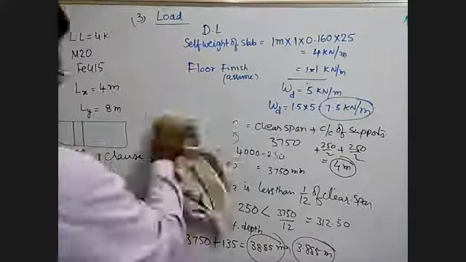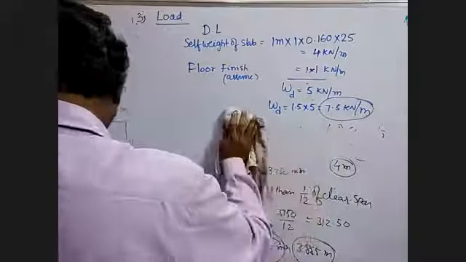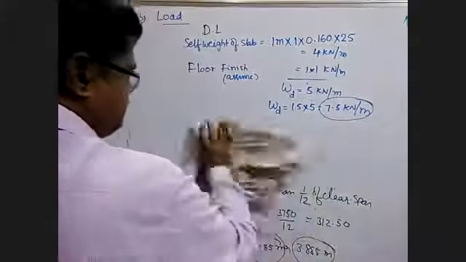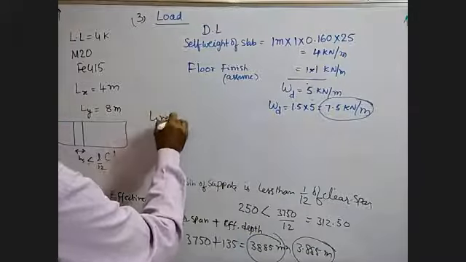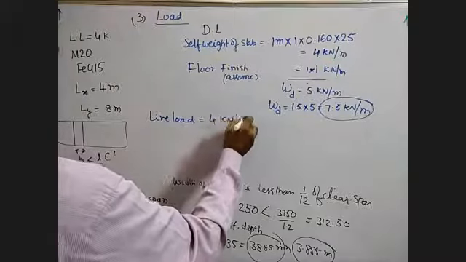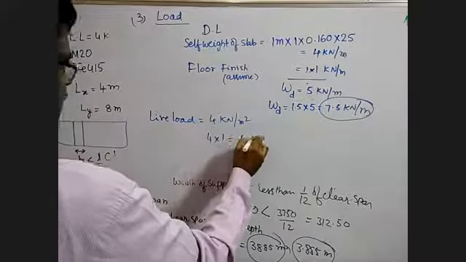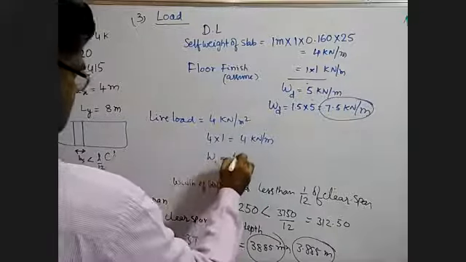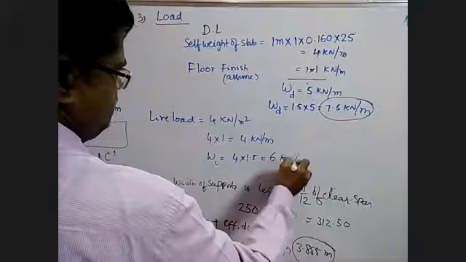Now we have to calculate the live load. Live load is given as 4 kilonewton per meter square. So 4 into 1 meter, WL is equal to ultimate load 4 into 1.5, it comes to 6 kilonewton per meter.